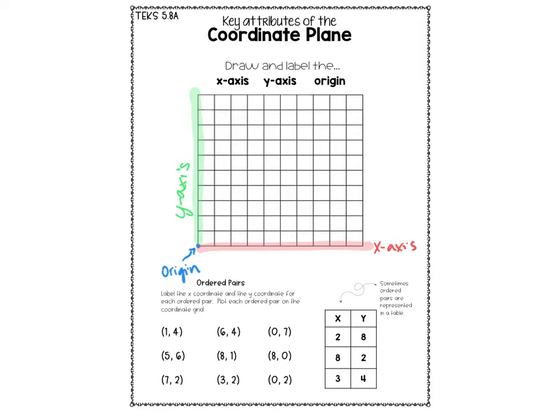Alright, so you have to know that our coordinate plane always starts right here at the origin. We start there at the origin every single time we have a coordinate plane. Alright, so when you have a coordinate plane, you have your origin, your x-axis, and your y-axis.